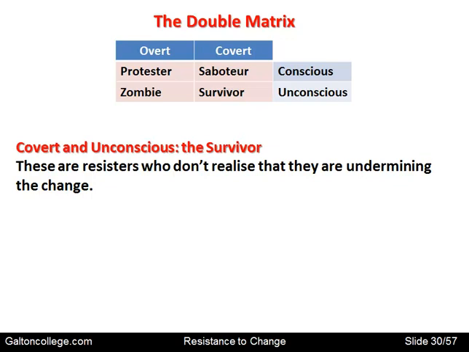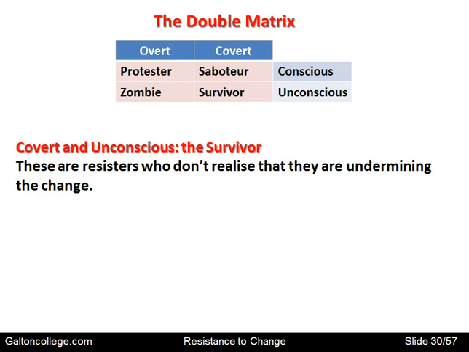These are resistors who don't realize that they are undermining the change. They're undermining the change in their behavior. They don't even realize they're doing it. They're covert. They're not in the public.